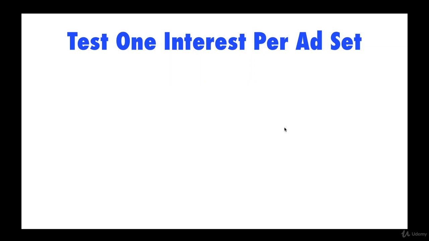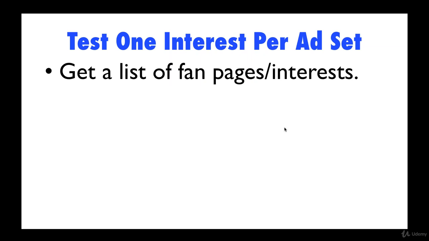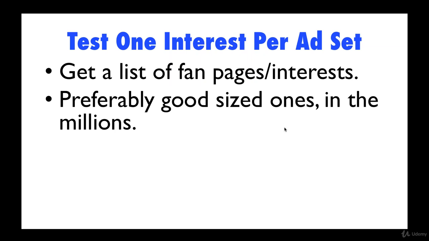All right, and then at this point is when you would test one interest per ad set. All right, so you get a list of the fan pages or interests, either from Graph Search or from Audience Insights. Preferably good size ones, okay? I like to do 1 million or above. And keep in mind, you've already got winning campaigns, winning interests, a seasoned pixel using the way I'm doing it.